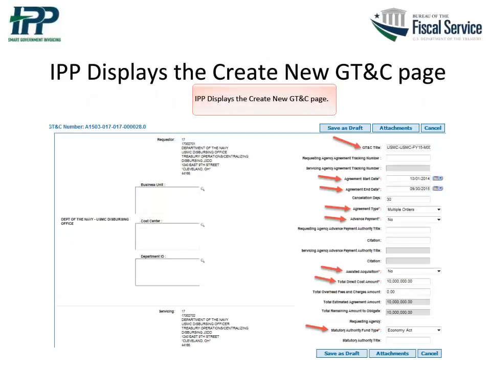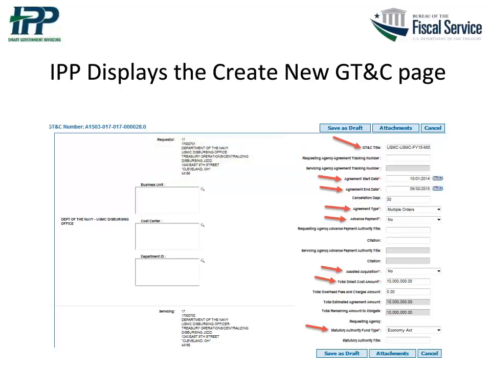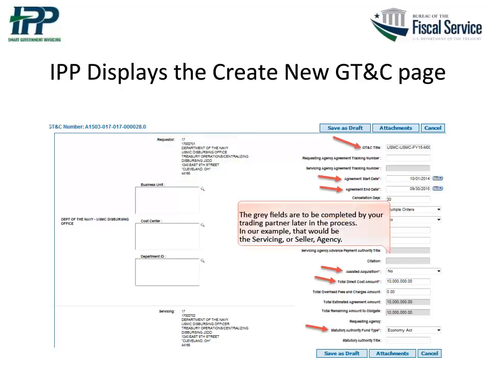IPP displays the Create New GT&C page. IPP generates a unique GT&C number. The digit after the decimal point indicates the modification number, also called the mod number. The gray fields are to be completed by your trading partner later in the process.